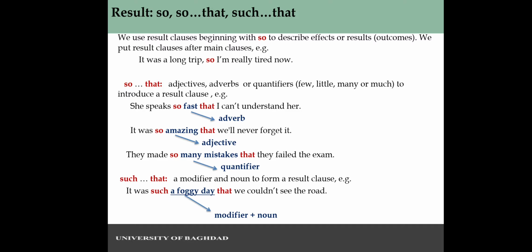So try to pay attention to the difference between these two conjunctions. In so and that, we need to insert either an adjective or an adverb or a quantifier, while in such that, we need to insert a modifier plus a noun. But still, each one of them is used to introduce a result clause. I hope this is quite clear for you.